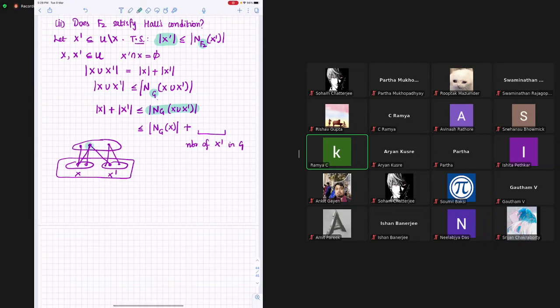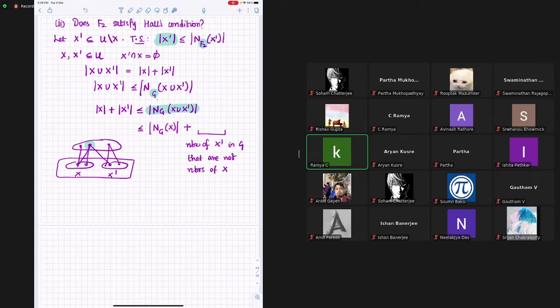So if you look at this particular vertex, this I would have already counted in the neighbors of X in G. So this I should not count, right? So I must count in this portion the neighbors here. I must be able to count the neighbors of X prime in G that are not neighbors of X. Is this clear?